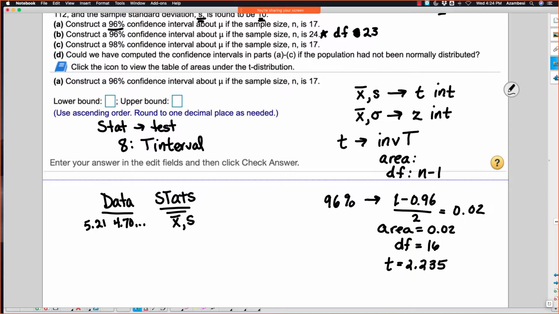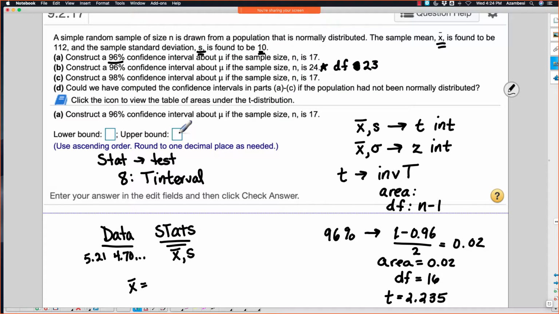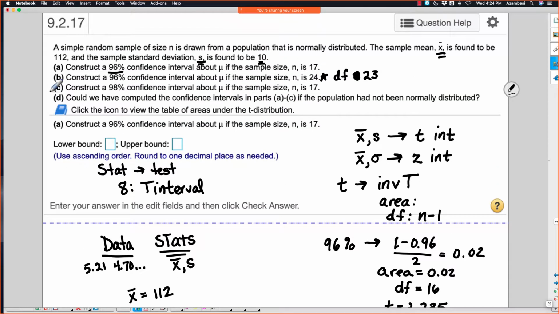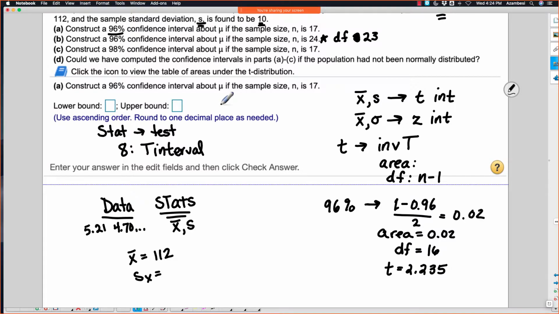So if we choose stats, then it's going to ask you for X bar. And in this example, X bar is found to be 112. It's going to ask you for SX. And in this example, it's equal to 10. And it's going to ask you for your sample size. So for this first one, we're using 17 for our sample size.